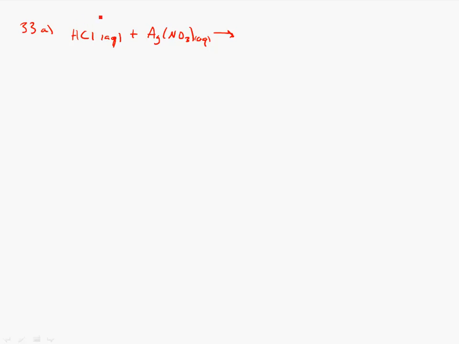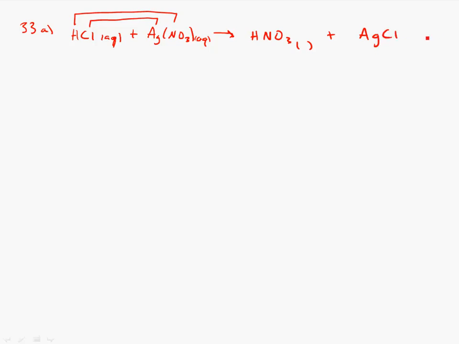So with any double replacement, just draw your bridge here. And that's going to help us predict the products. One of our products is going to be HNO3. We don't know the state of that one. One of our products is going to be AgCl. Okay?